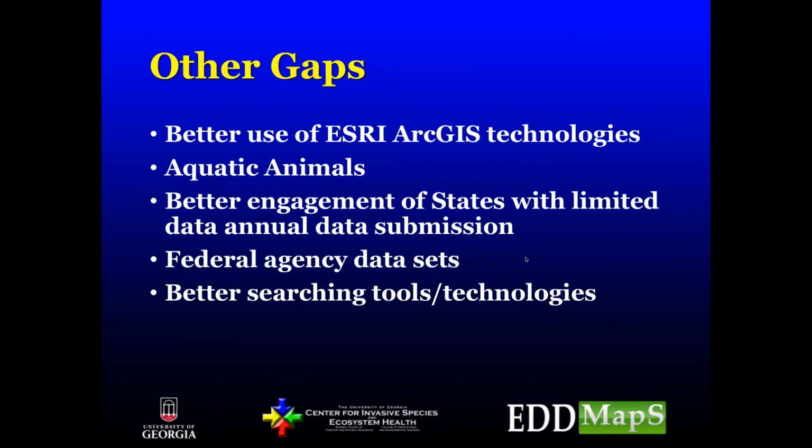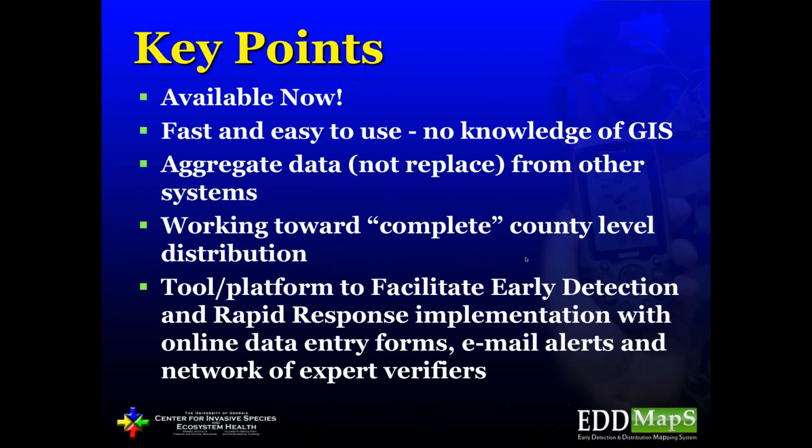So as we move forward, EDDMaps is going to continue to expand. We're going to enhance some of the use of the ArcGIS tools and have some better searching tools, and ultimately build toward this complete county distribution across the U.S. and getting different groups to really implement EDDMaps as their state database.